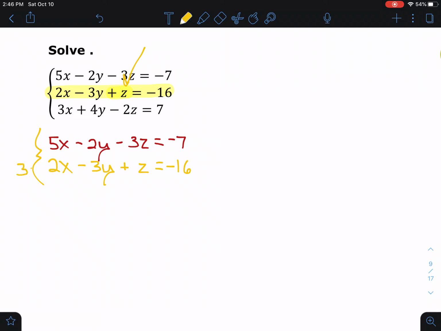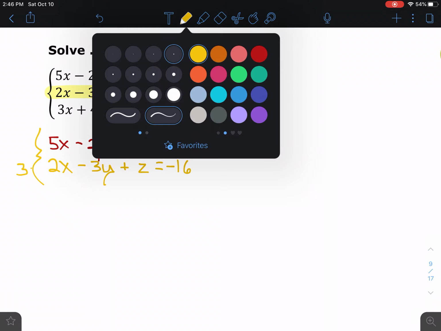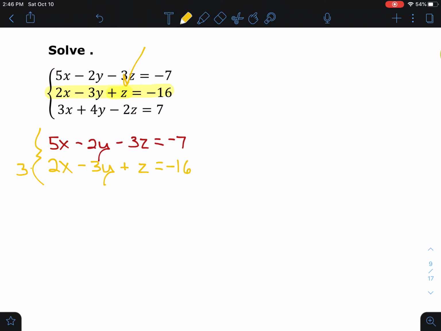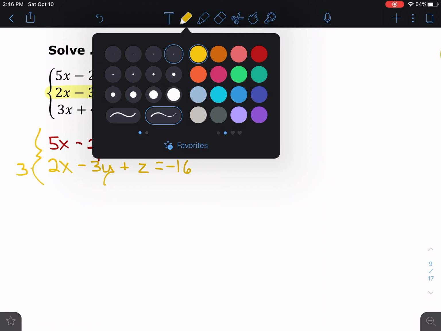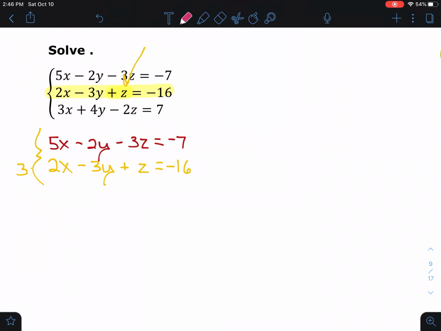Okay, so now over here, the top one is still going to stay the same.